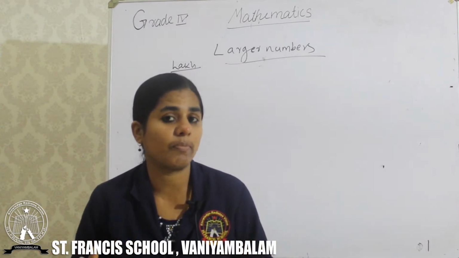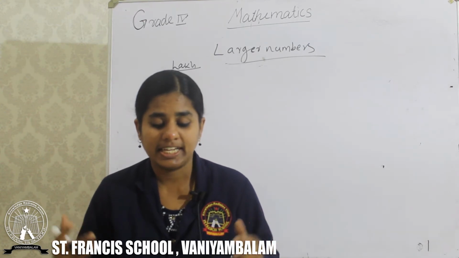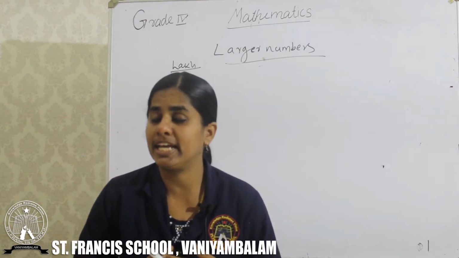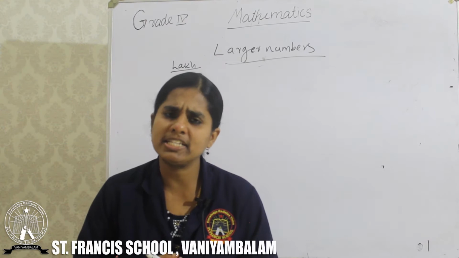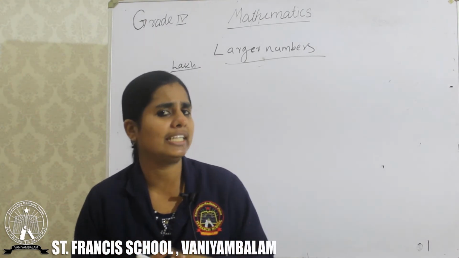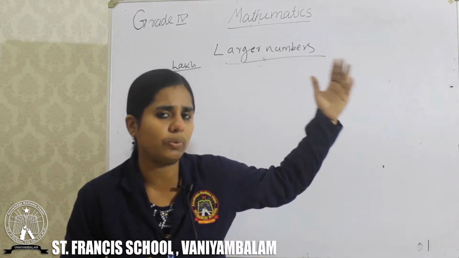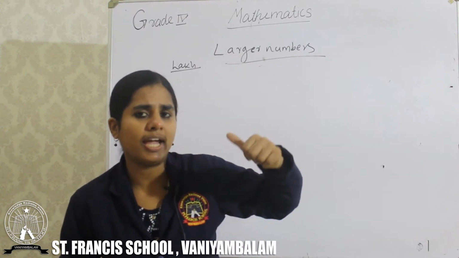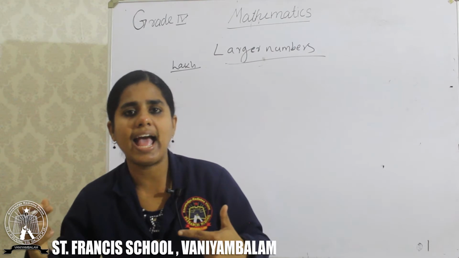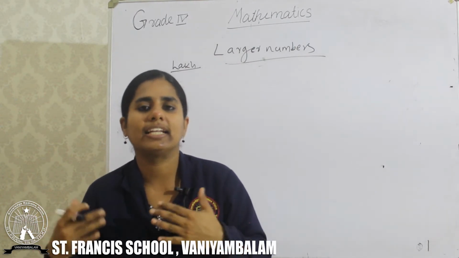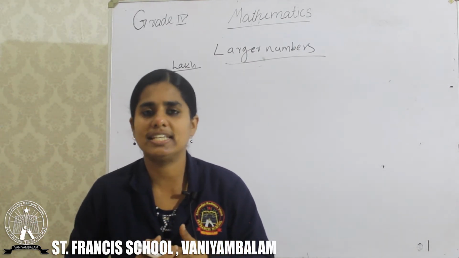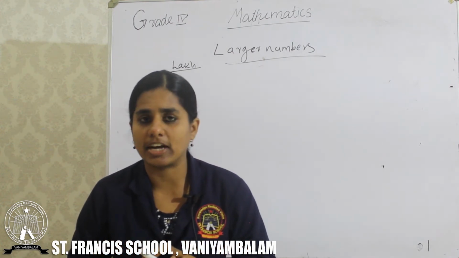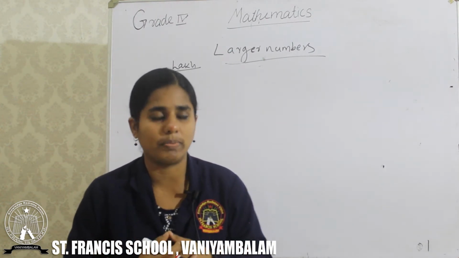The Indian system of numeration is otherwise called the Indian place value chart. Very simple. We already learned the Indian place value chart. First we have ones, then tens, 100, 1000, 10,000, lakh, then one more place, 10 lakh. This is the place value chart of the Indian system of numeration.